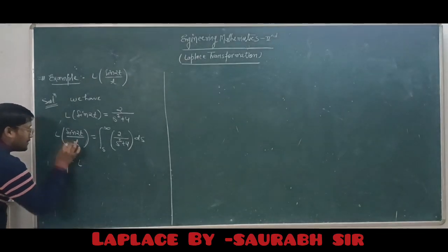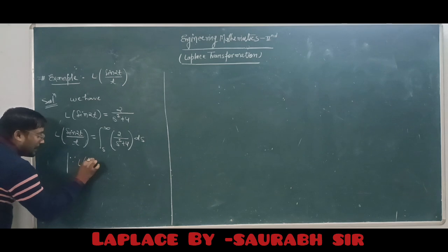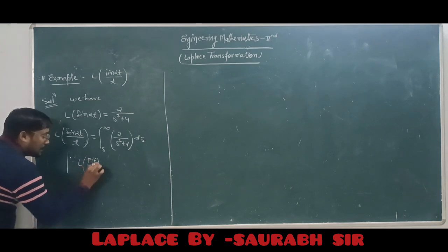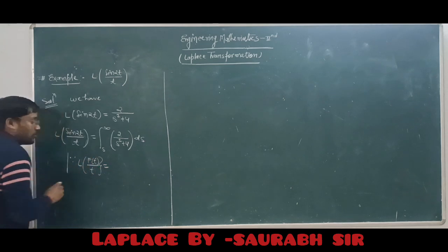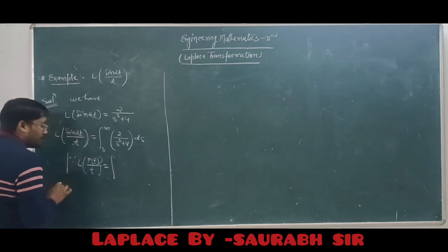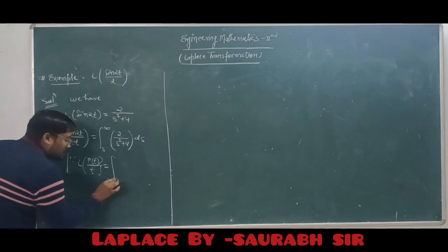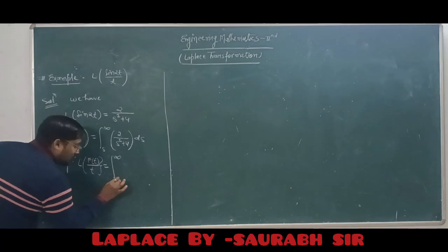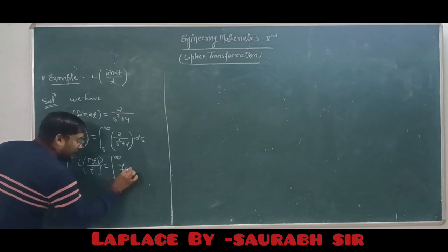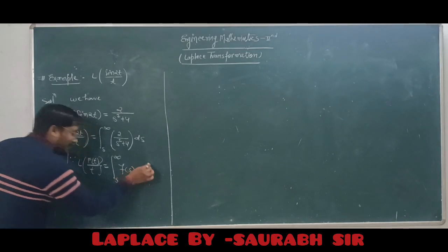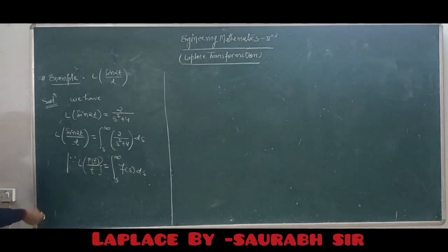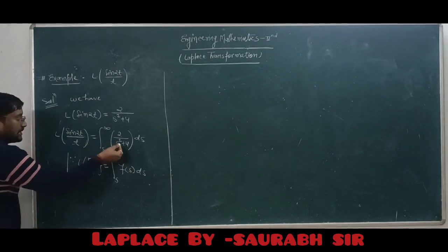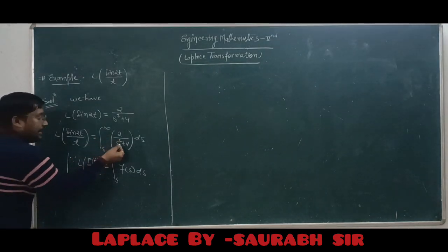I have used some conclusion. L ft upon t is equal to integral s to infinite fs into ds. Now solve this integral. This integral is a basic of tan inverse.